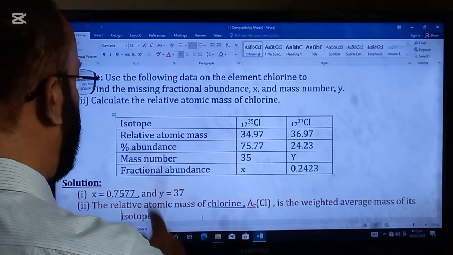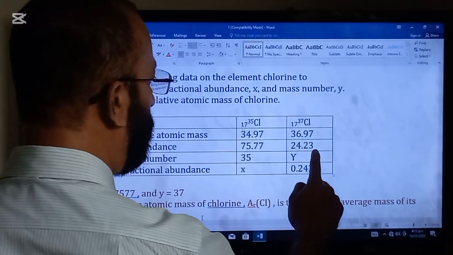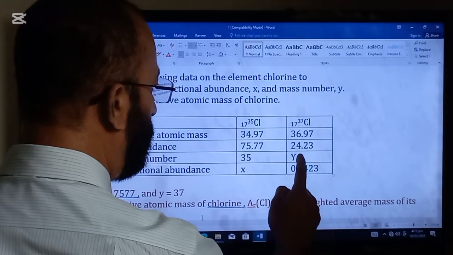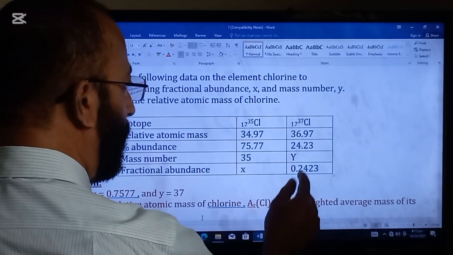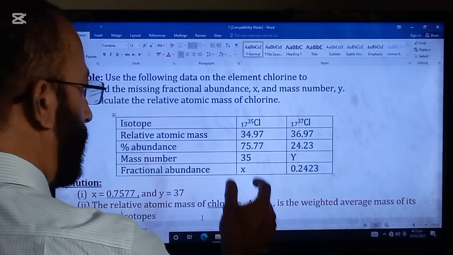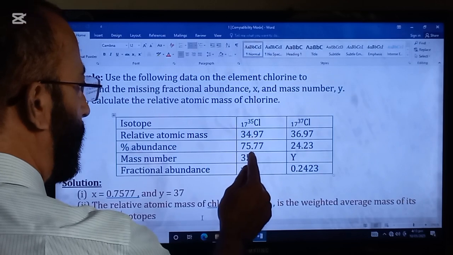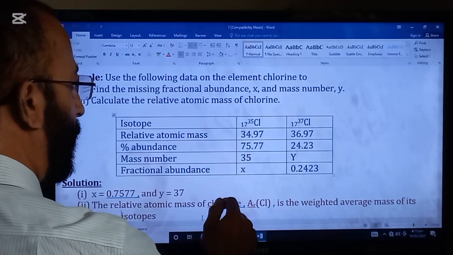From here you can see the percentage abundance is given as 24.23, and in the bottom you can see this point moved 2 places to the left. So 0.2423. Likewise here, the point is here, move the point 2 places left.